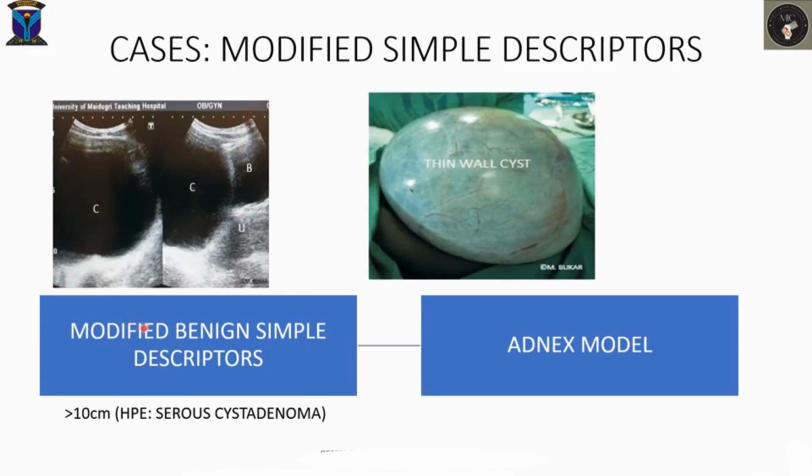Does the modified benign simple descriptor apply here? This is simple because its content is clear with regular walls, but it is more than 10 centimeters. And so the modified benign simple descriptor cannot apply here. So what do you do? You apply the ADNEX model. Final diagnosis here was serous cystadenoma, and you can see the size here.